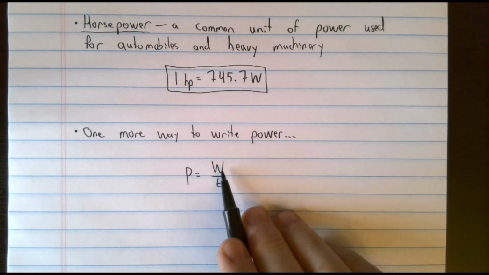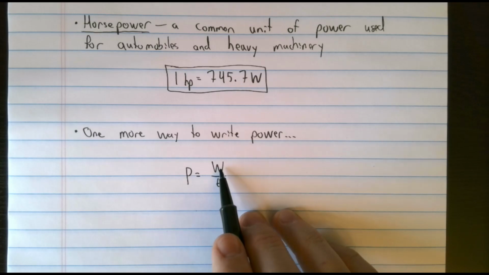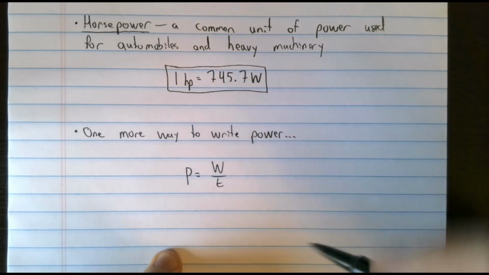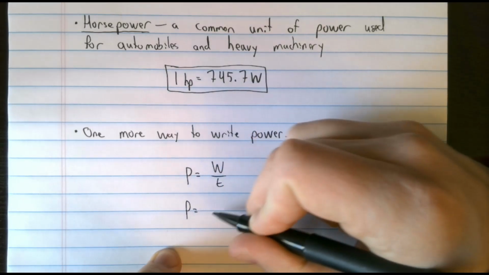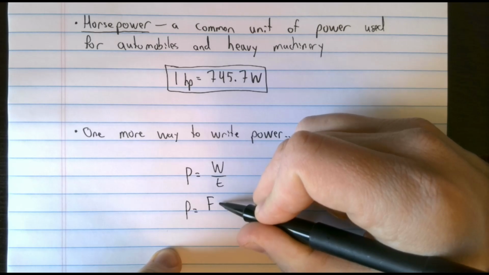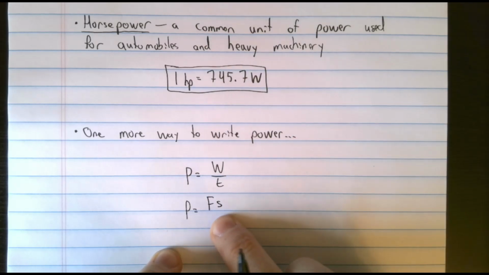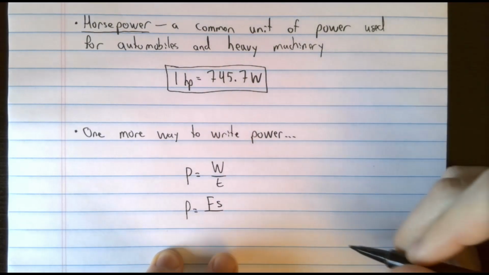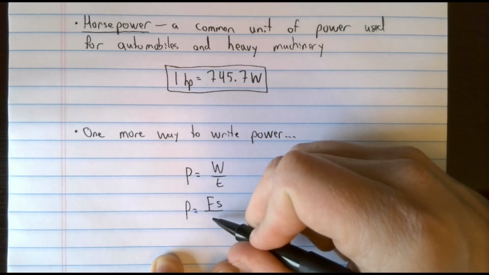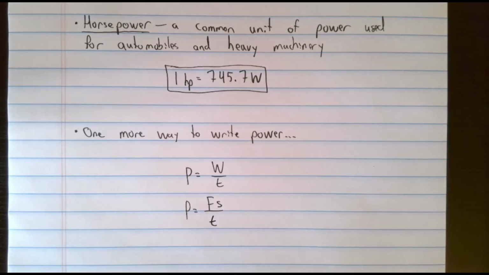If you recall from lesson 5.1, work is equivalent to force times distance times cosine theta. I'm going to drop the cosine theta. So S is displacement, F is force. And we'll leave the time down there.